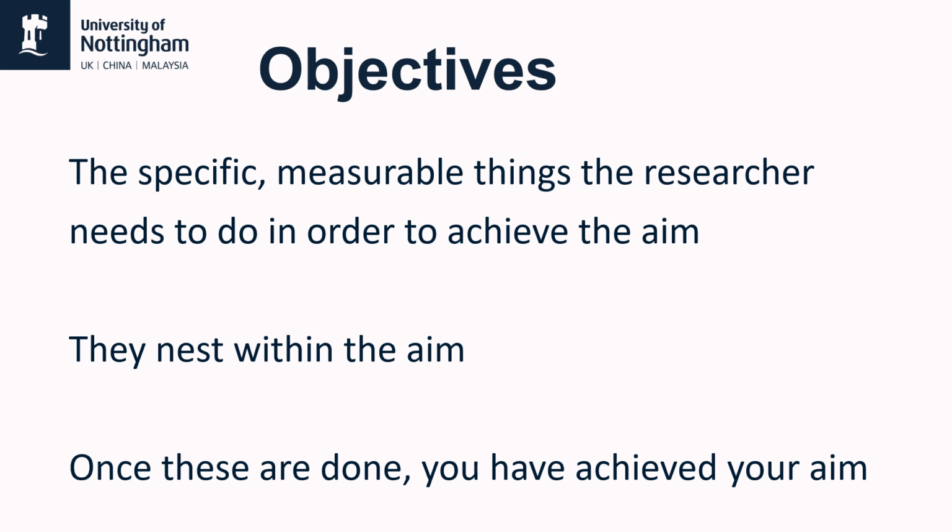And also, and this is very important, once these objectives are all done, once you've ticked them all off, then by definition, you've achieved your overall aim. So in other words, you don't need to do any more to achieve your aim other than fully addressing your objectives.